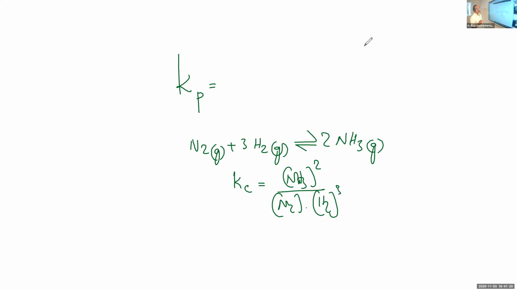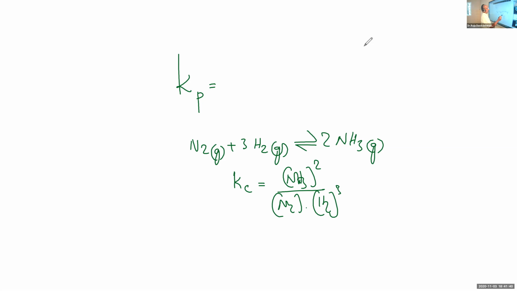That is Kc. But instead of the concentration terms, you can write the partial pressures of the products and the reactants. Instead of the concentration, you use the pressure of each species.